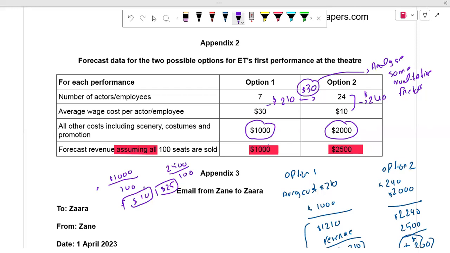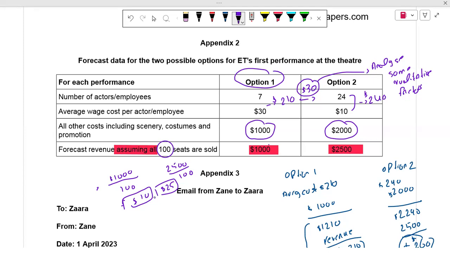per ticket. So if the cost is low, which is $10, there is a high chance that all 100 seats will be sold. But if the ticket price is $25, it will be very difficult to sell 100 seats. And as they are serving in a low income area, assuming option 1 is best. Why?